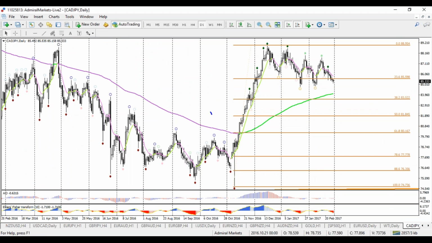We don't have a wave 1-2 here because it broke the bottom, but we do have a choppy correction after momentum. If price breaks below this bottom, it could move down to the 38.2 fib and bounce there.